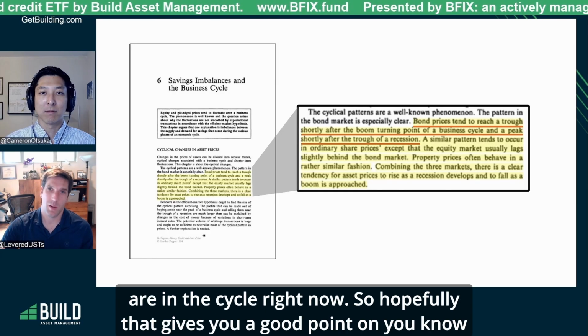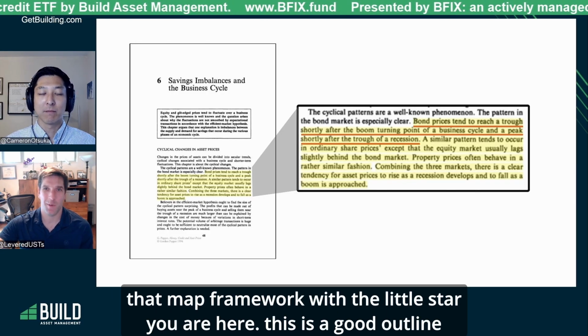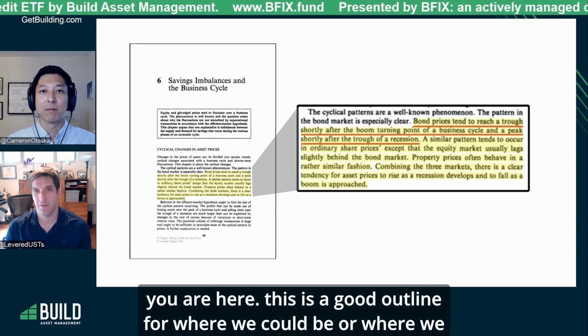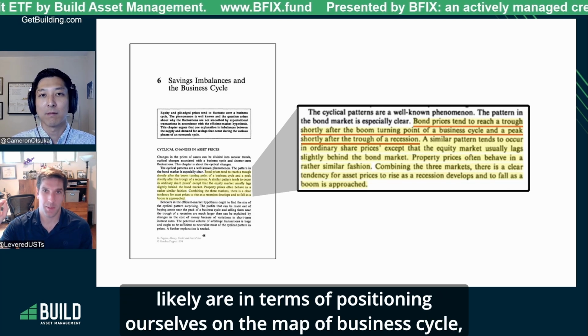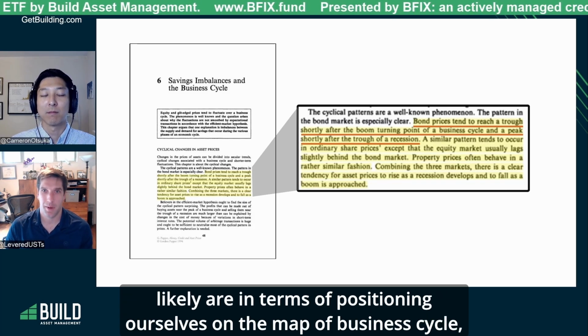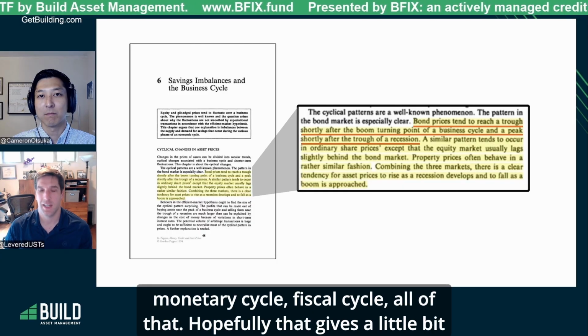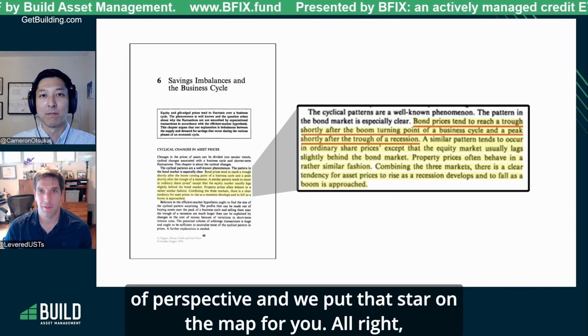That's synonymous with where we are in the cycle right now. So hopefully that gives you a good point on that map framework with the little star. You are here. This is a good outline for where we could be or where we likely are in terms of positioning ourselves on the map of business cycle, monetary cycle, fiscal cycle, all of that. Hopefully that gives a little bit of perspective when we put that star on the map for you.